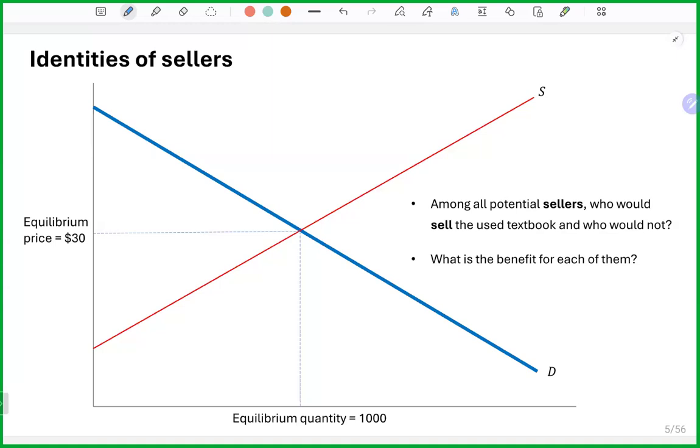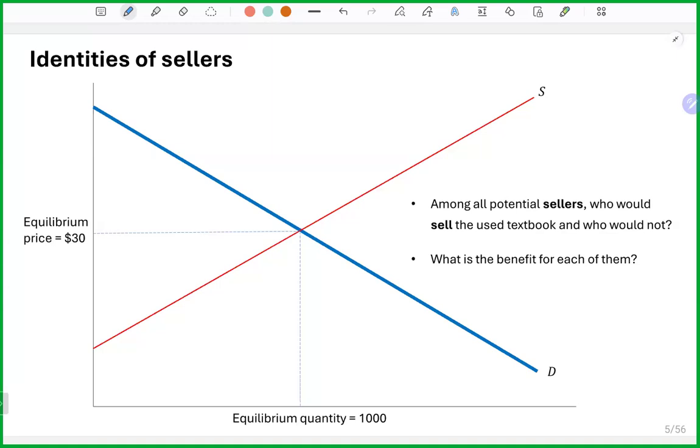So among all potential sellers, those whose cost of selling the book is lower sell the book, and those whose cost is higher than $30 don't sell the book. So the division between seller and non-seller is made according to their cost.